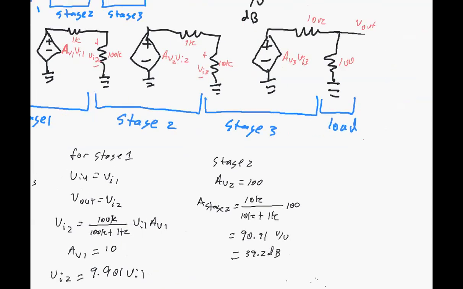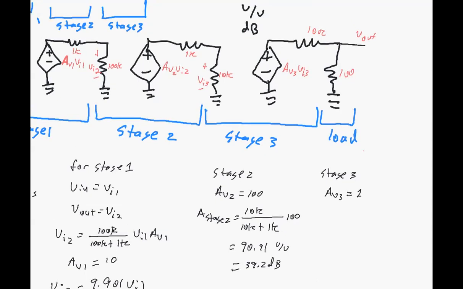And then for stage 3, if we have an AV on stage 3 of, we'll call it exactly 1, it's impossible to be exactly 1, but it could be very, very close. We'll call it that. And we've got these resistances of 10 ohms and 100 ohms. Then we can find out what happens at the very end there.